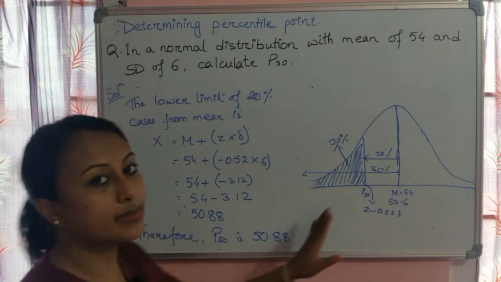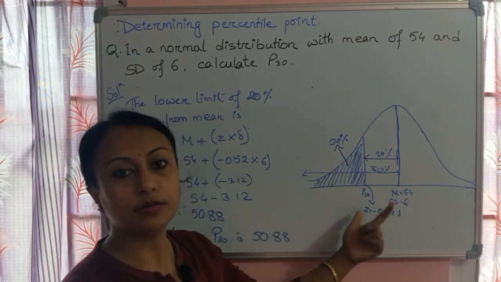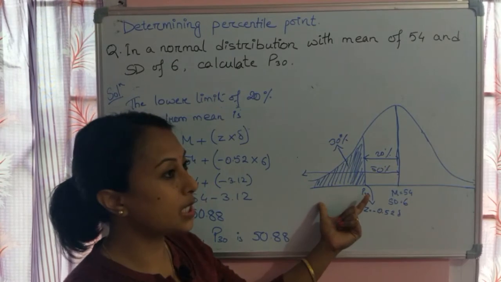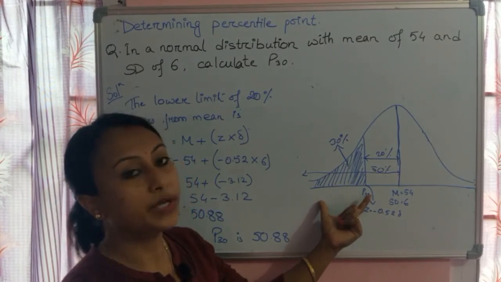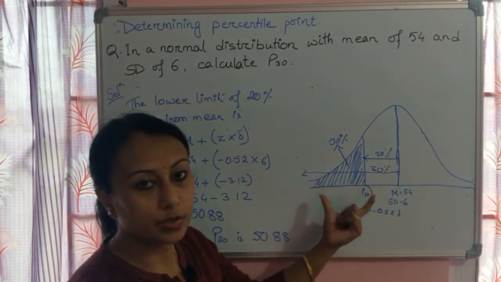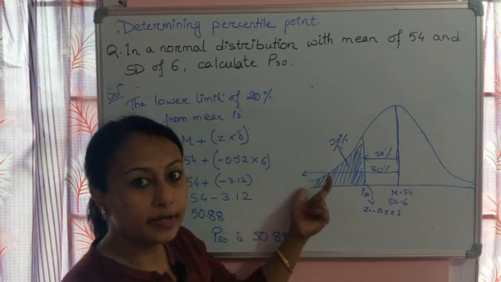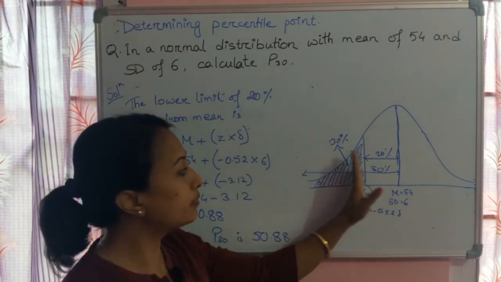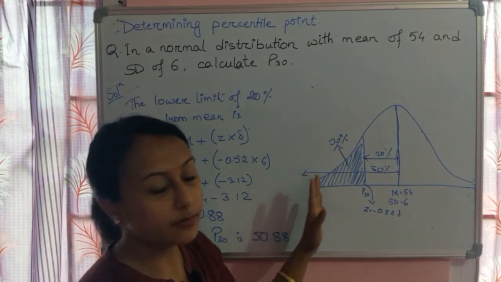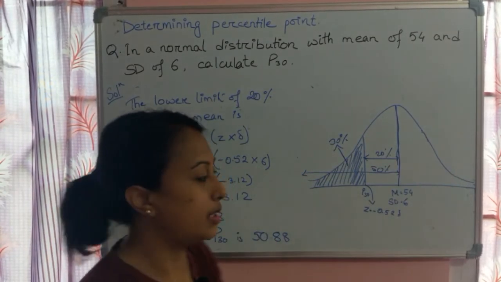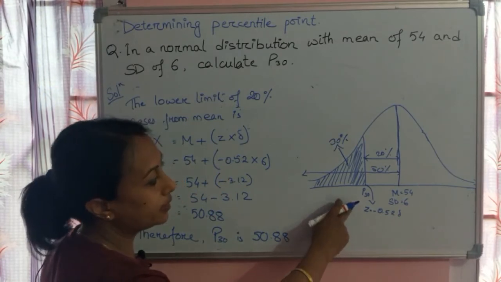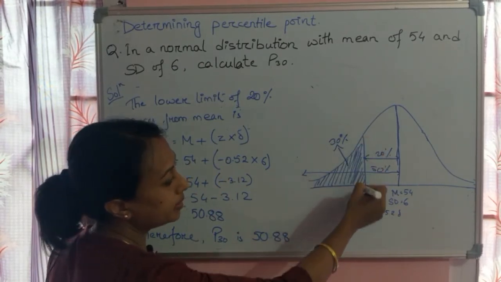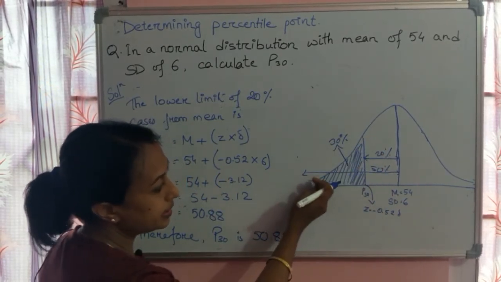Look, the difference is that there we found two limits. It asked us to find the limits which include the lowest 30%, and here it is asking for P30, only one of the limits, which cuts off the lowest 30% from the rest of the NPC. So this is what we have done. This is the P30, and this is 30%.